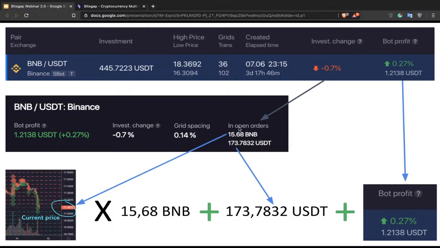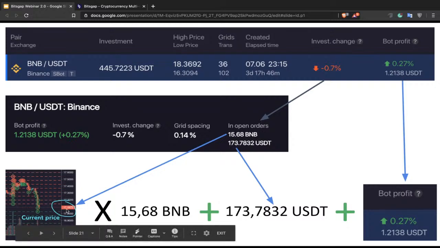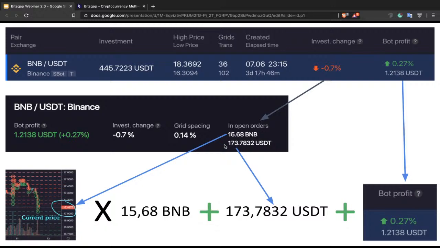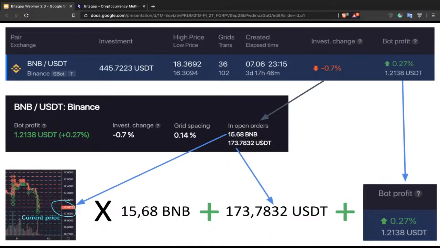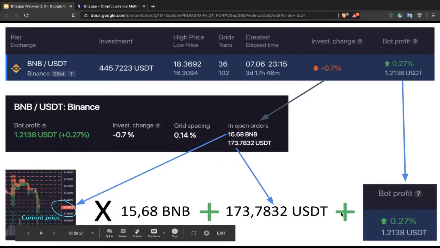So to calculate in this case the current investment value and to compare it with the initial investment value, which is 445, all we have to do here is to simply multiply 15.68 BNBs in our open orders by the current price, and it was at that time 0.08, and then sum it up with the USDT, and then add the bot profit.